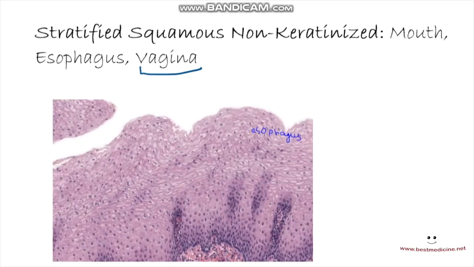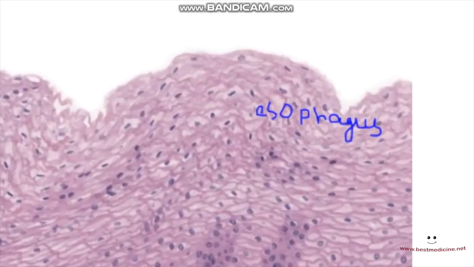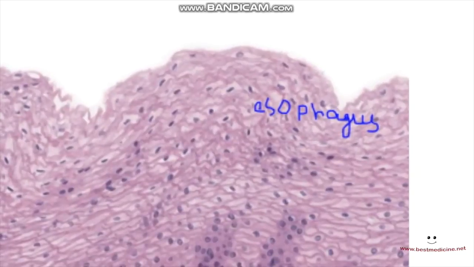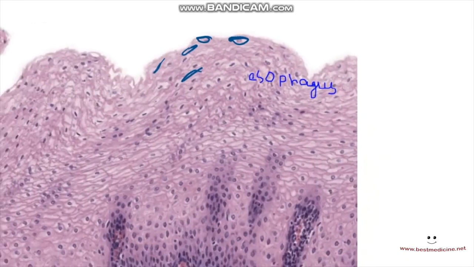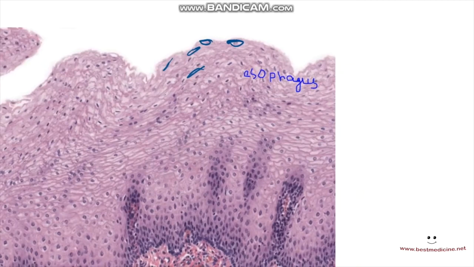Another example of this is the esophagus and the mouth. And here is a slide of the esophagus, in which we can see so many different layers of these flattened cells, right? And this is the stratified squamous non-keratinized epithelium that is present in the esophagus.